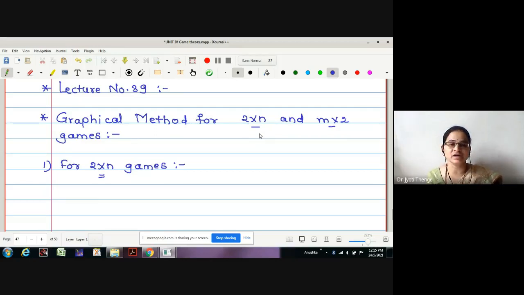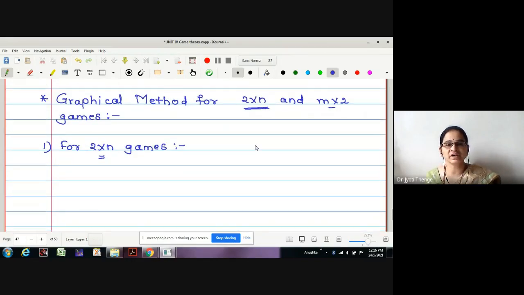How many activities does player A have and how many does player B have in a 2 by n game? 2 by n is the size of your payoff matrix, right?